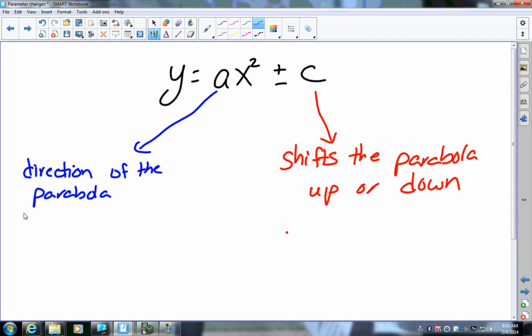What I mean is, if it's positive, it opens up. If it's negative, it opens downward. And we dealt with that yesterday, when we talked about when it opened upward or downward, and then their vertex was either a minimum or a maximum. The other thing that a does is it deals with the width.